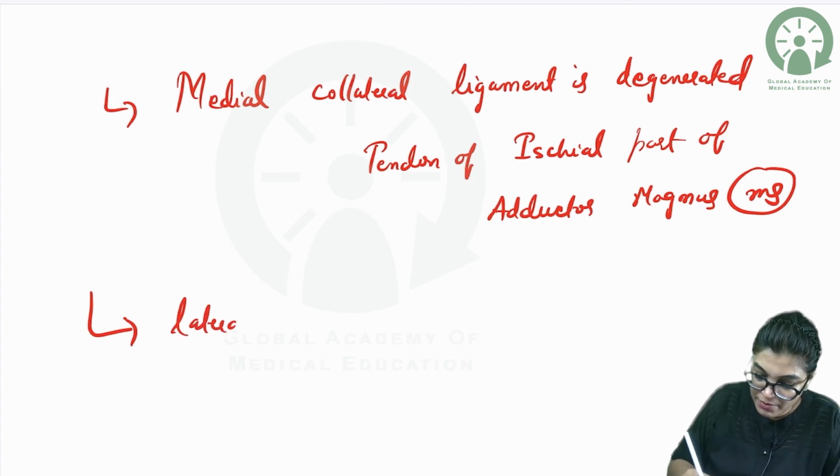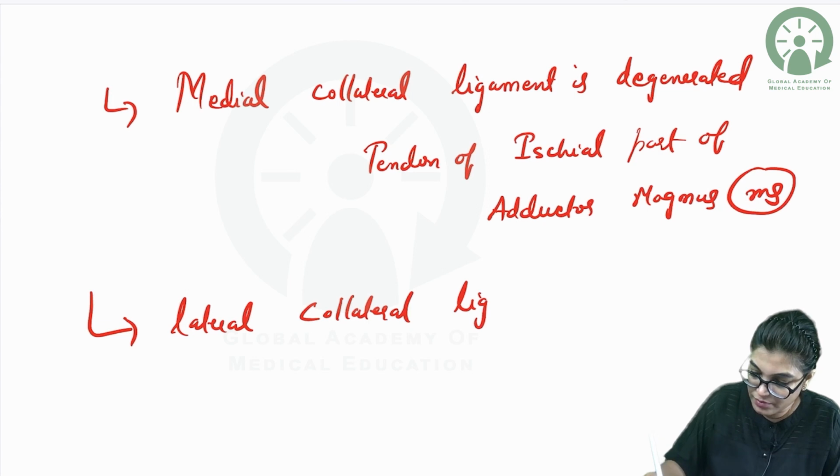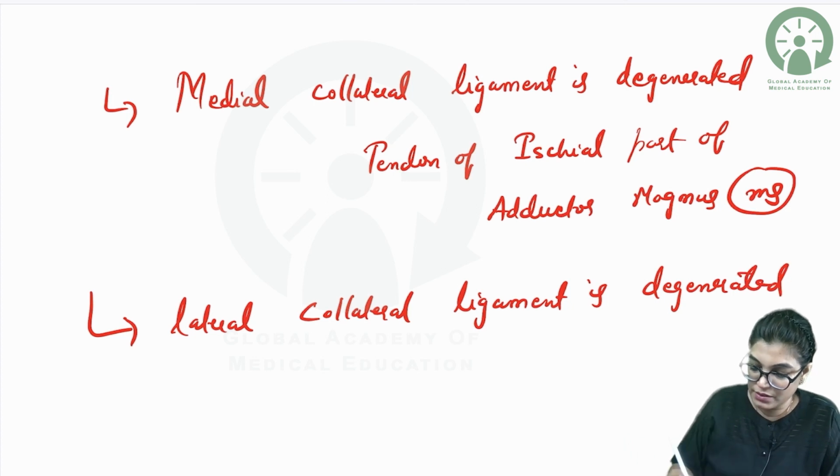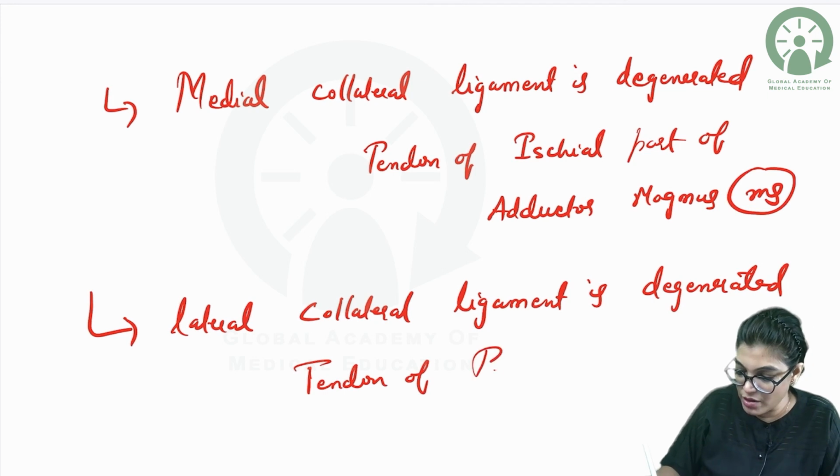Lateral collateral ligament is degenerated tendon of peroneus longus muscle.